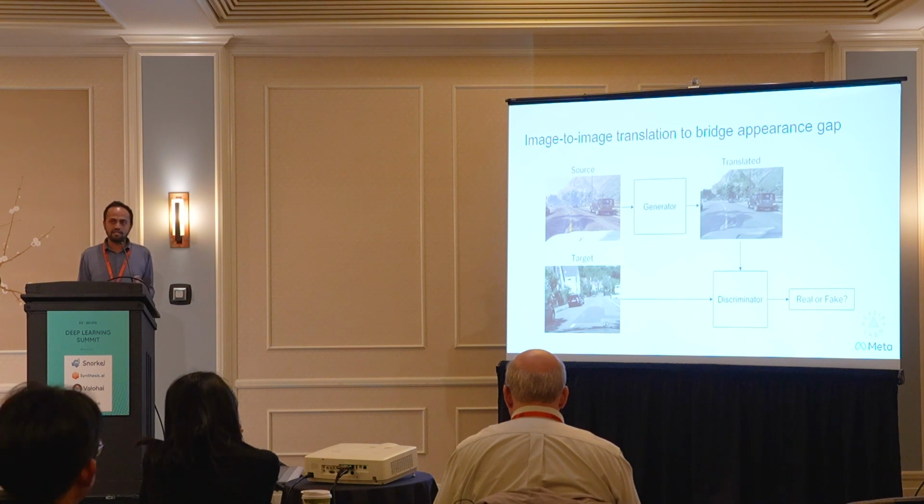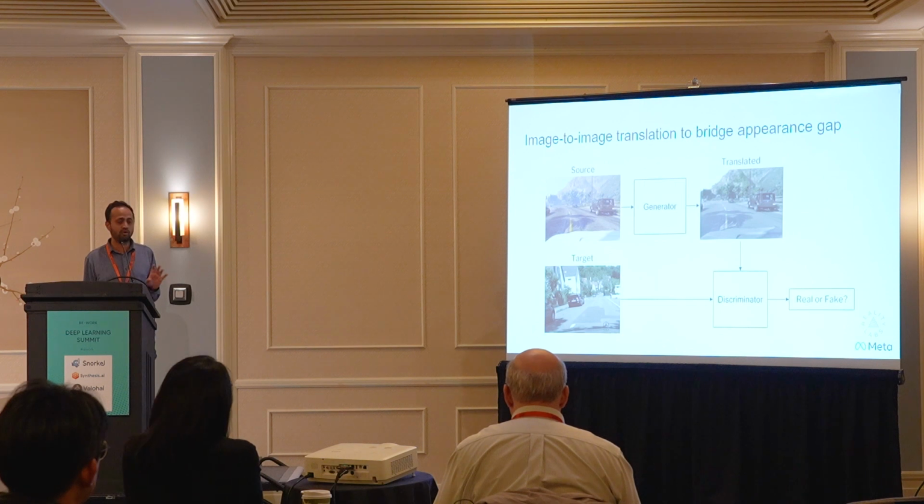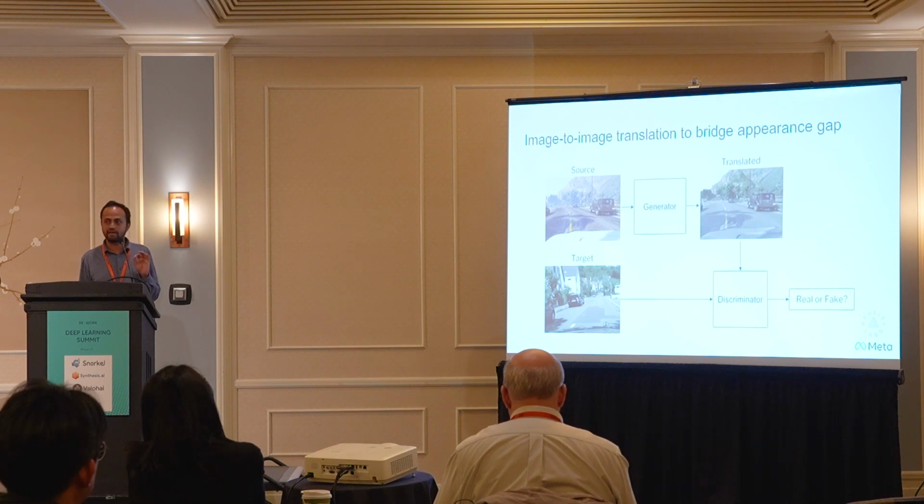Okay, let's first talk about how do we bridge the appearance gap. There are many ways to do it in the literature. I'm just going to go over the most popular technique, which is image-to-image translation. In image-to-image translation, you typically have a GAN-based framework, and a generator takes in your synthetic images and translates them to appear like the target.